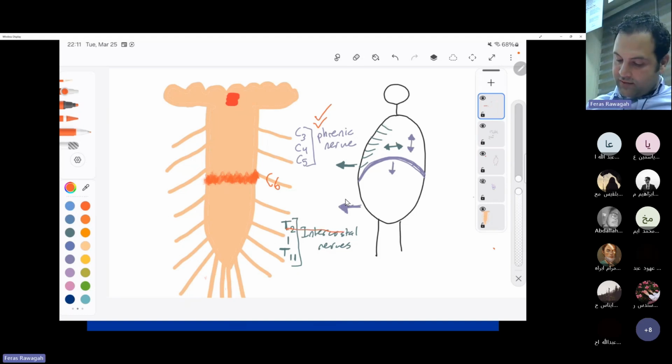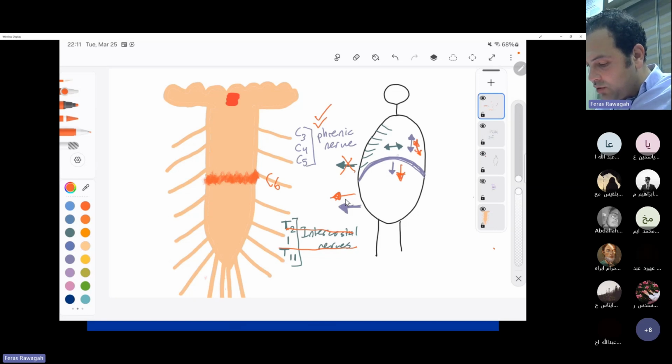when the intercostal nerves are interrupted and the phrenic nerve is still working, the chest will not expand, but there will be just abdominal expansion, because there will be increase in the superior inferior diameter of the diaphragm and contraction just of the diaphragm, and there will be no contraction of the intercostal muscles.